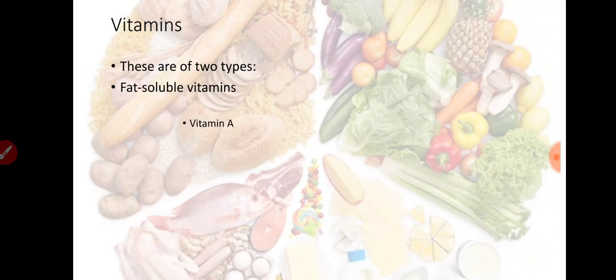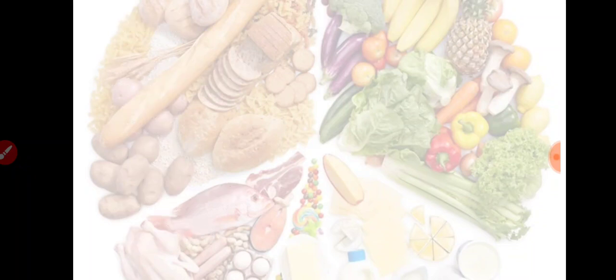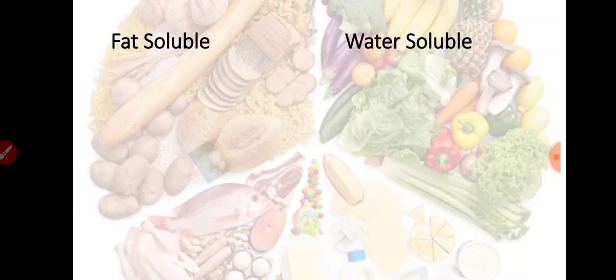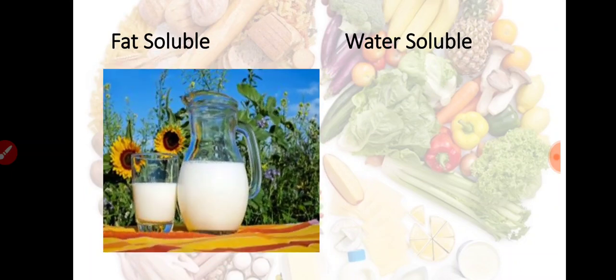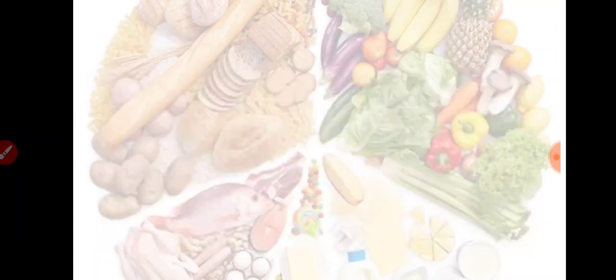Fat soluble vitamins are vitamin A, vitamin D, vitamin E, and vitamin K. A, D, E, K. These four vitamins are fat soluble, whereas water soluble vitamins are B and C. We can say that fat soluble vitamins we can take from the diet like milk, whereas water soluble vitamins are available in different colorful fruits.